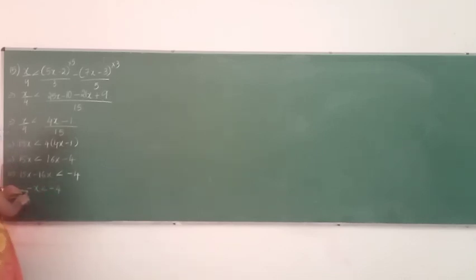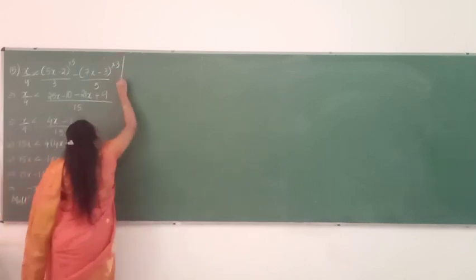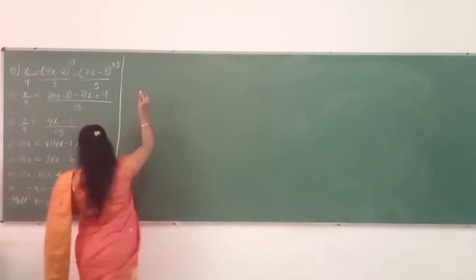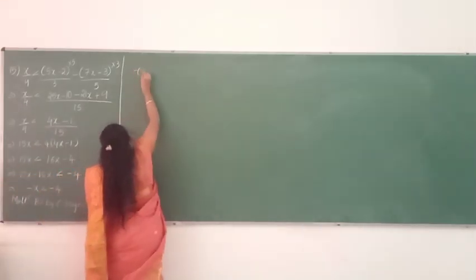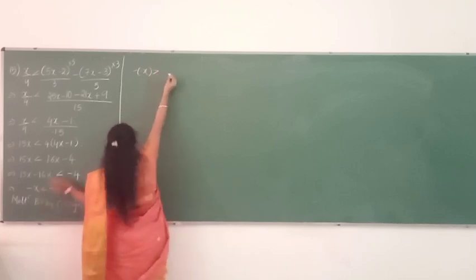Now as we have got negative on LHS and RHS, both the sides, what we will be doing? Using rule 3 we will be multiplying both the sides by a negative sign. So when I multiply both the sides by a negative sign, what I will be getting here? Minus of minus x, so the inequality sign will change. It will become greater.